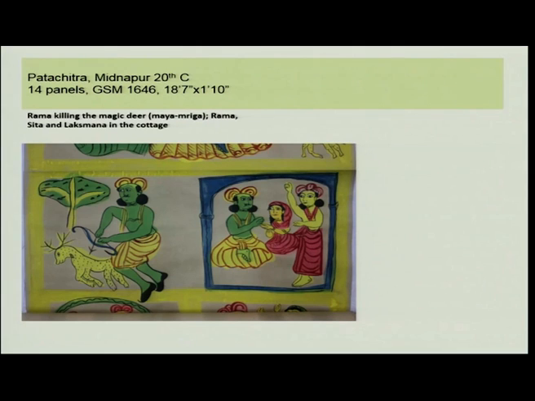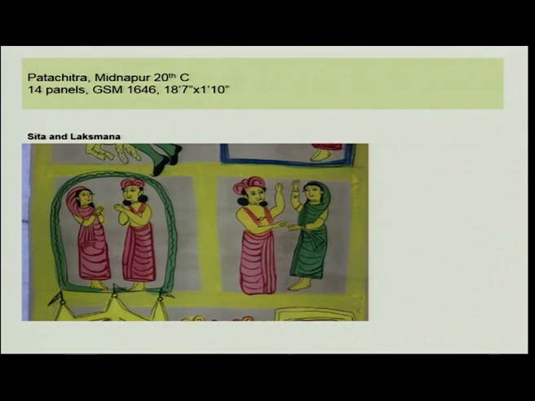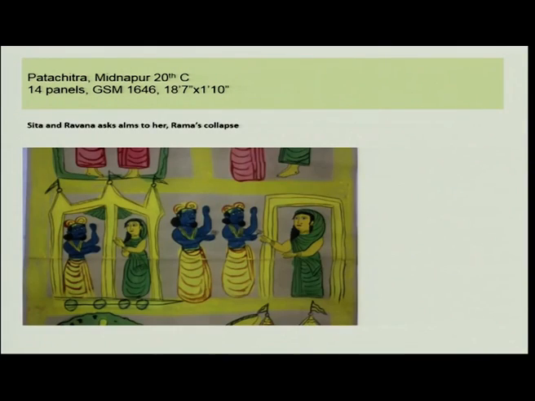Rama, Sita and Lakshmana in the cottage. Sita and Lakshmana in conversation again. Sita and Ravana asks alms of her, Rama's collapse.